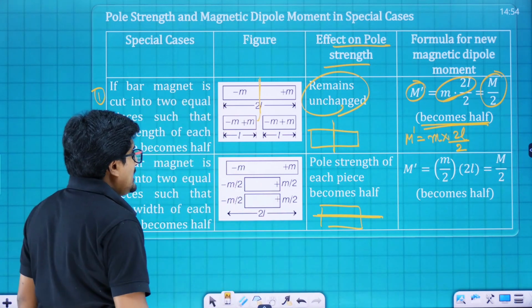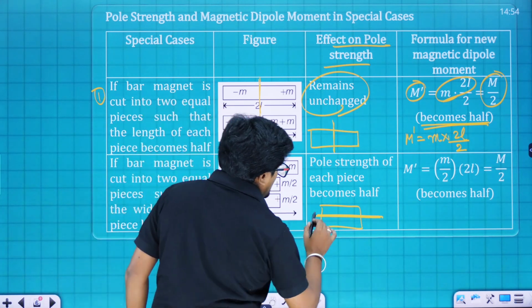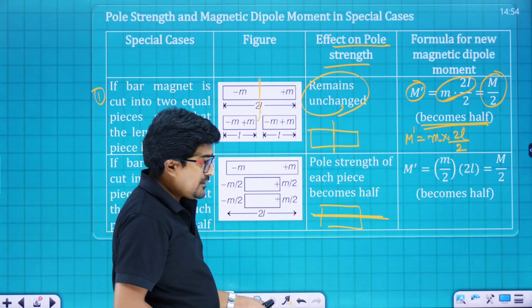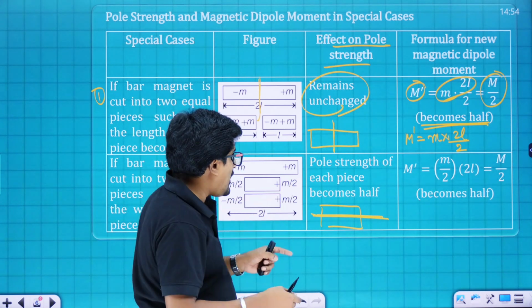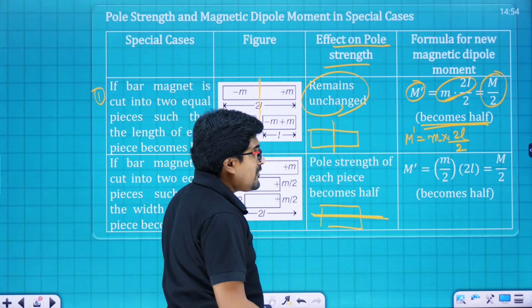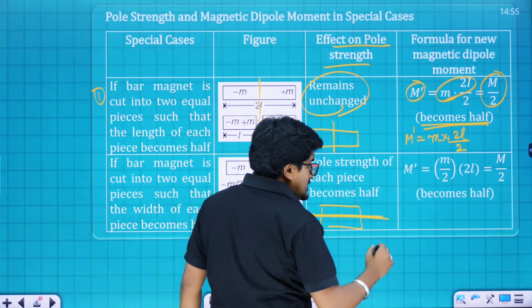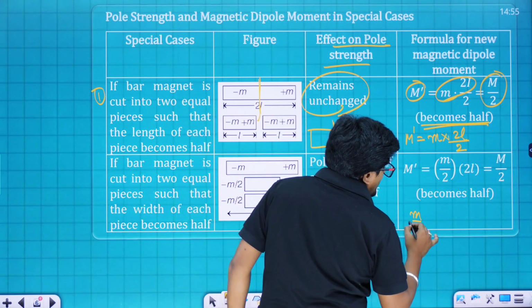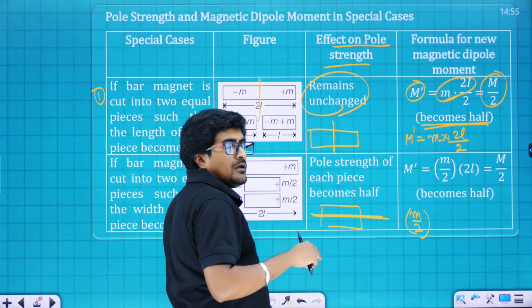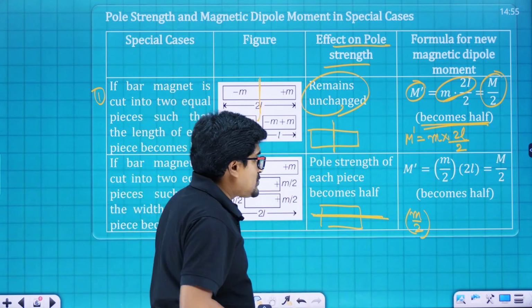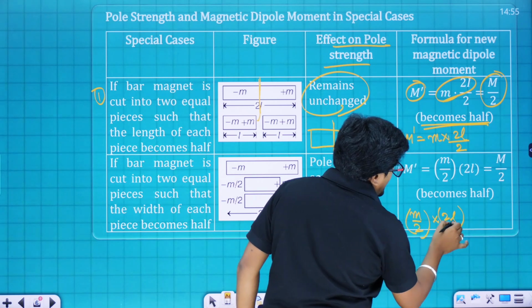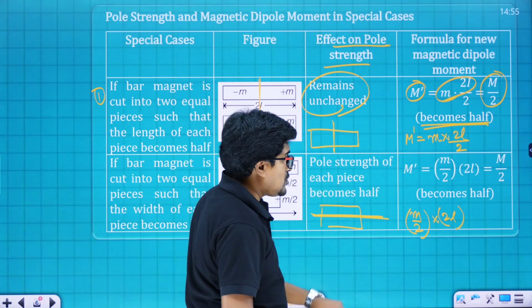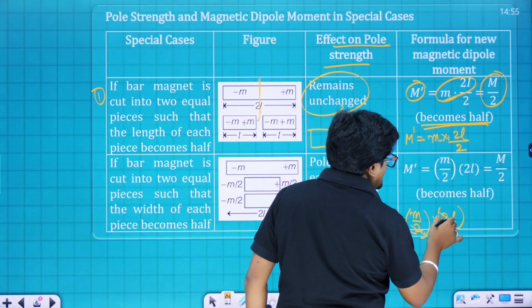Now in this case, we are dividing in this other way. What happened to the pole strength? That will become half, so m becomes small m by 2 and the length remains the same. This is the magnetic pole strength reduced to half of its initial value, and the distance of separation is the same. So there also, this one and this one will cancel each other.